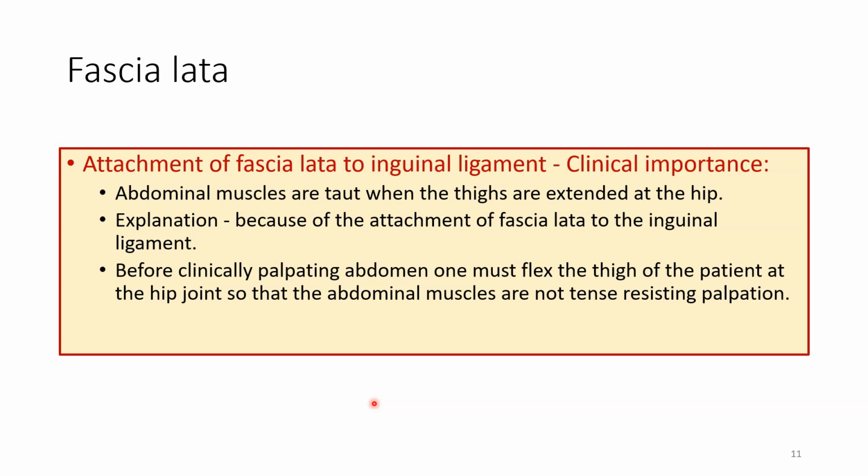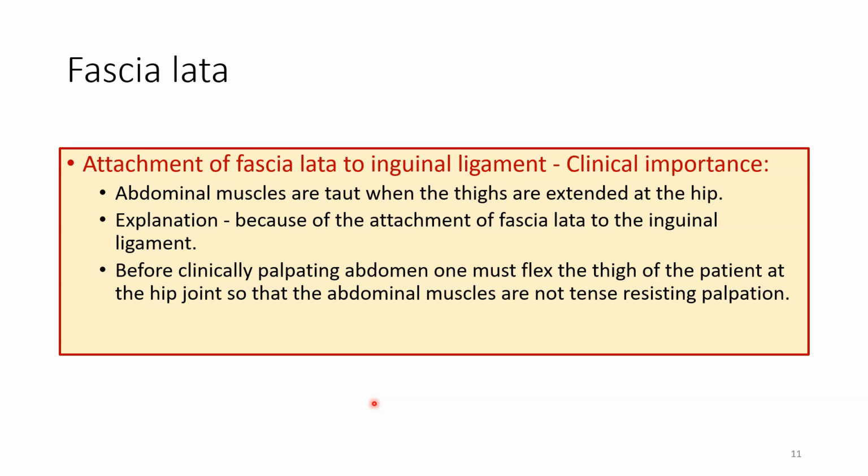And when we started this discussion, we put four questions. One is the definition of the fascia lata, then its attachments, its specializations, and the fourth one is the clinical importance. So why should the patient's hip be flexed while examining the abdomen?